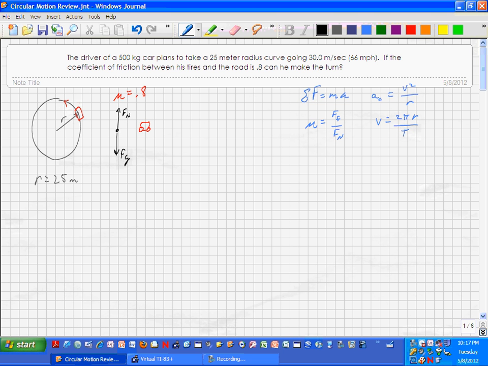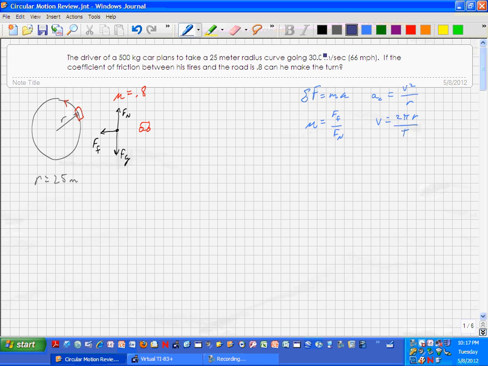And then we've got the force of friction working towards the center of the circle. That is the net force. That's the only force that doesn't cancel out. And again, that will be our centripetal force because that's what's going to cause this car to go in a circle. So let's go ahead and figure out these forces.